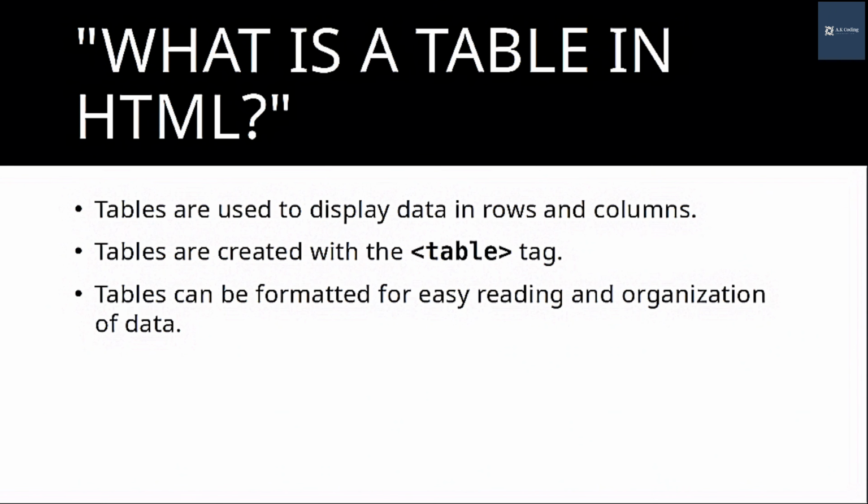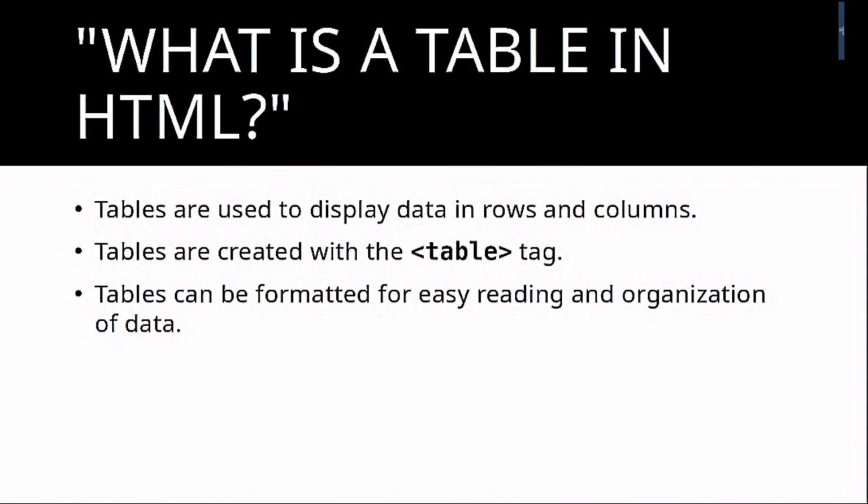For example, we can say we have a list of students' names and surnames and their ID and their marks. In order to make a table, we use in HTML the tag table, which is this one, right? Tables can be formatted for easy reading and organization of data. It means we can format it differently.